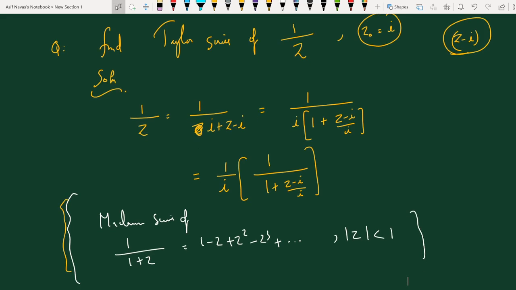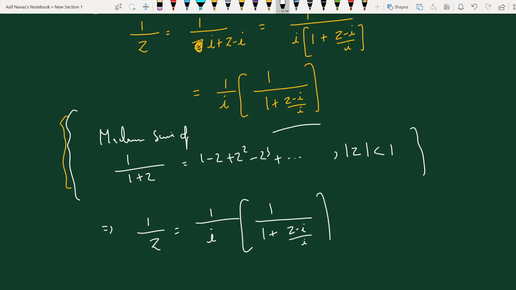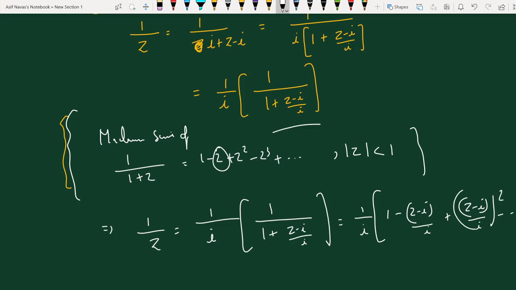So we will use this, which implies 1 by z is equal to 1 by I into 1 by 1 plus z minus I by I. Instead of z, we will use z minus I by I: 1 minus z minus I by I plus z minus I by I all square minus etc. This is valid when mod z minus I by I less than 1.